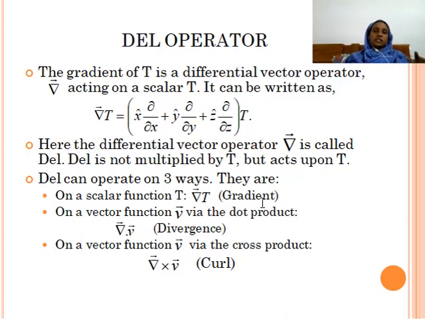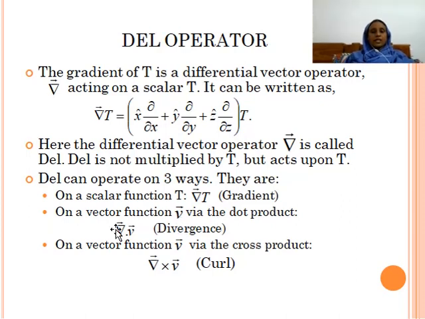Similarly, if this del, the vector differential operator, acts upon a vector function, it can perform in two ways. First one is dot product or divergence, and the second one is cross product or vector product. In the case of divergence, it gives you a scalar output, a scalar function.